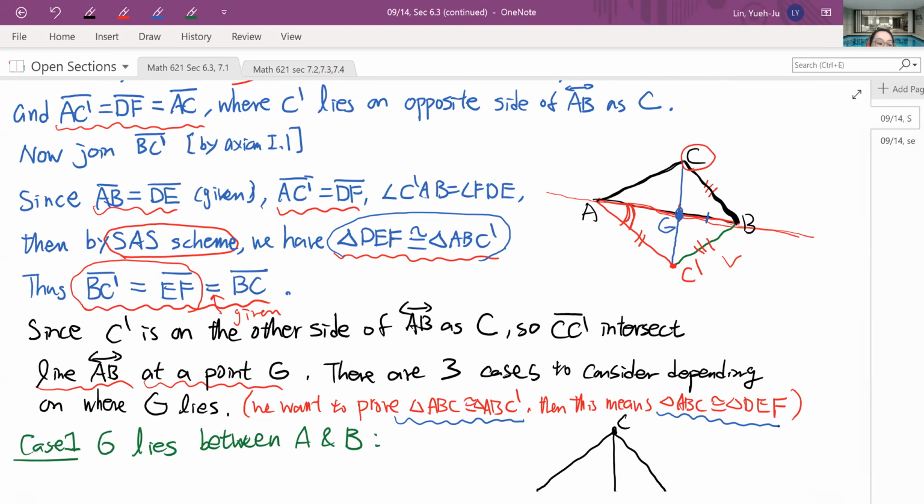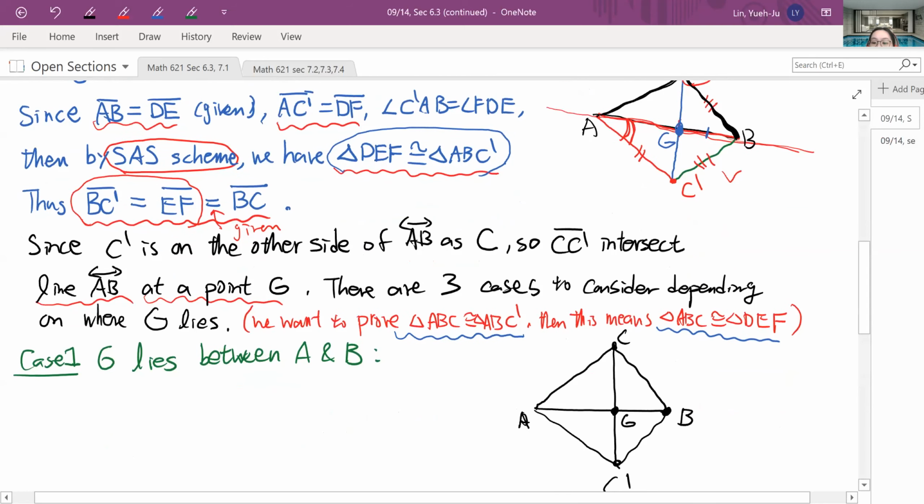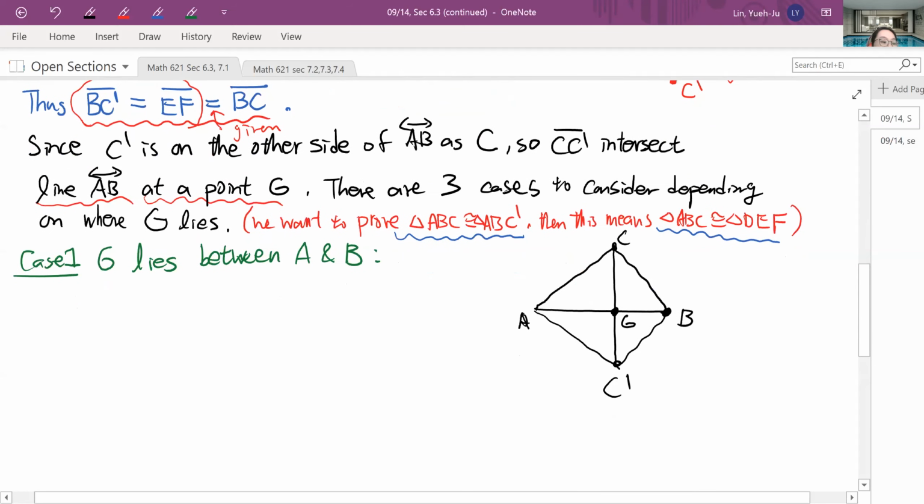Okay, so case one, which is definitely included in the textbook, is essentially the model case, right? The first case I want to consider is when the point G lies in between A and B, right? Please be careful when you draw a picture.